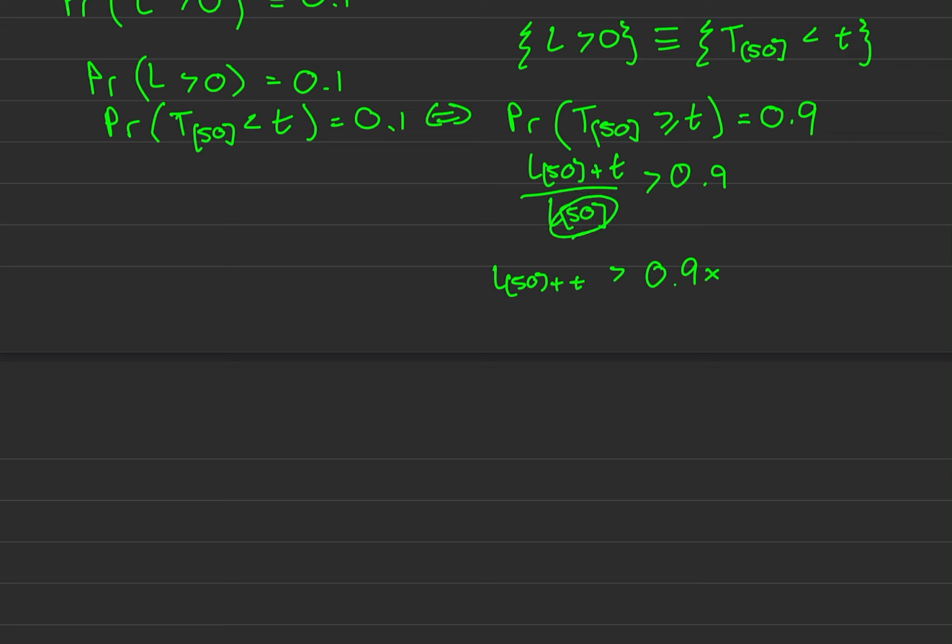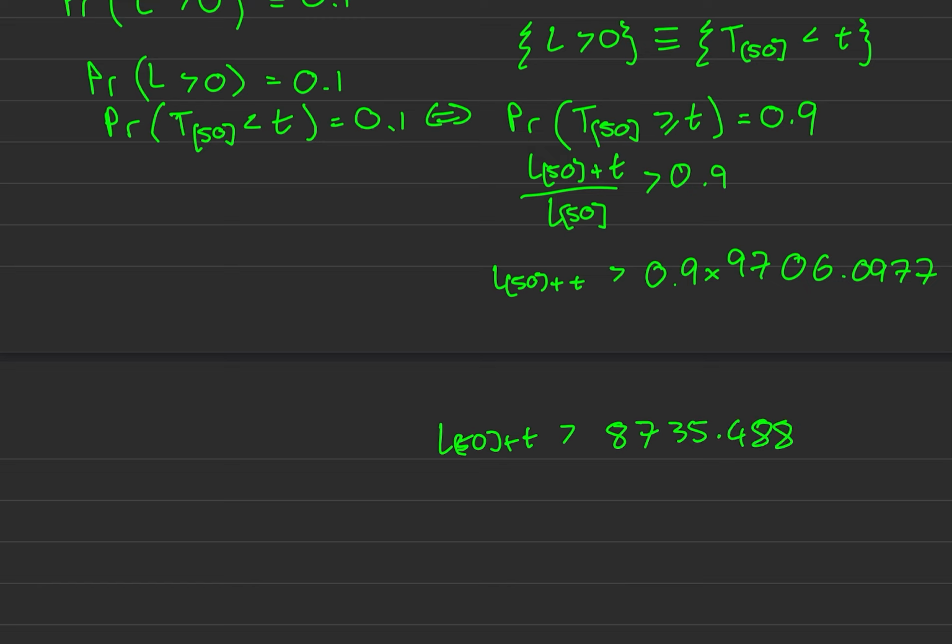And this L50, you look it up on the AM92 select tables. It's 9,706.0977. Okay, that means that L50 plus t should be greater than 8735.488.